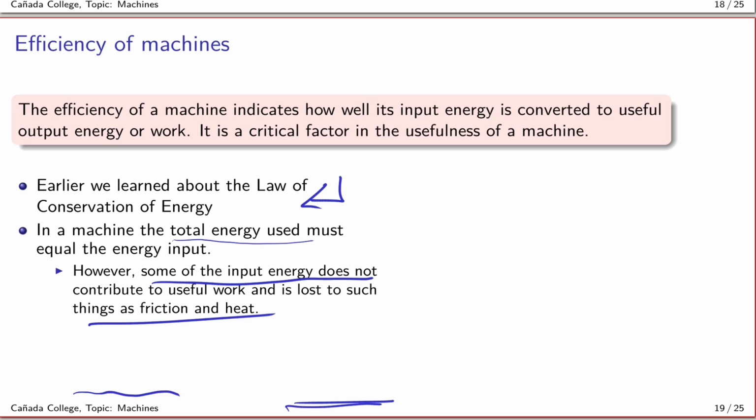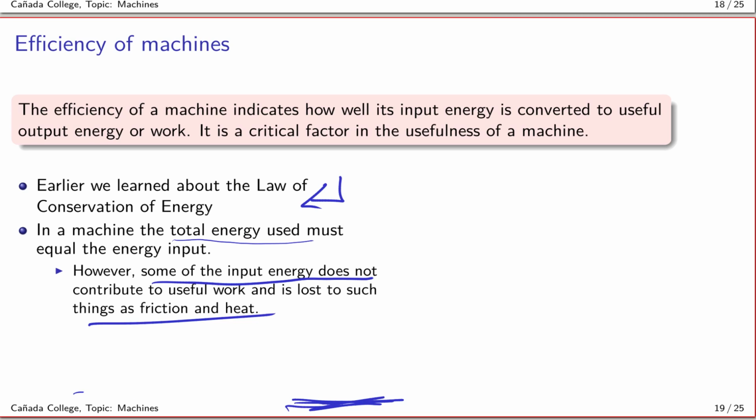Okay? So that means your input energy is now being transformed into some useful work or useful energy, and some energy that is wasted. For example, such as friction or heat.